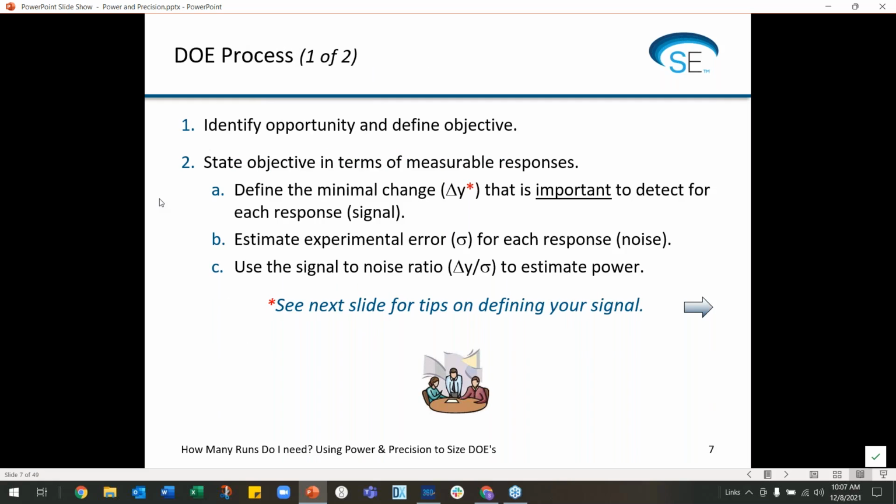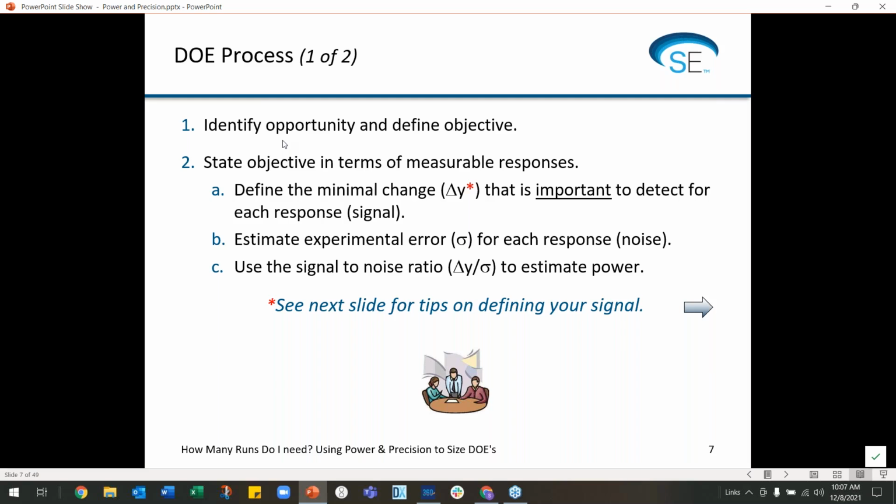So let's start with power for factorial designs. We can follow a good planning process. This is our DOE planning process, in which we start by writing down our opportunity, the objective. What are you really trying to accomplish out of this particular experiment? People overlook that step all the time, but it's really important that you actually have a written definition of what you're trying to do.